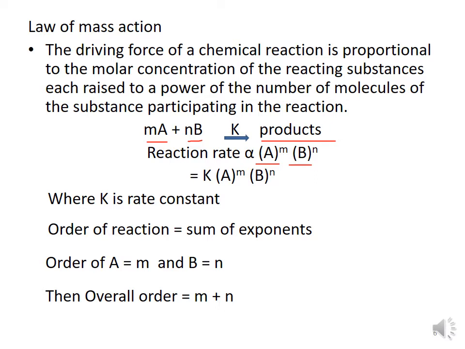The order of the reaction with respect to A equals m, the order of the reaction with respect to B is n, and the overall order of the reaction is the summation, which is m plus n.